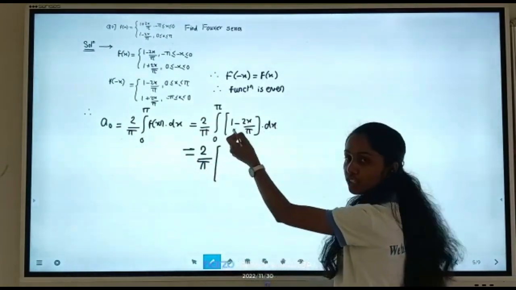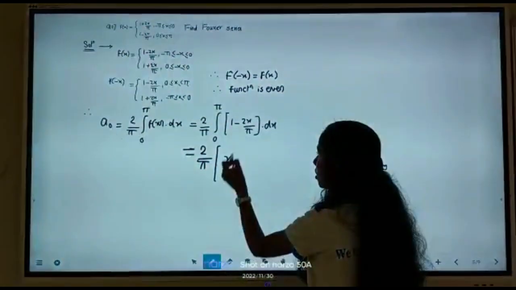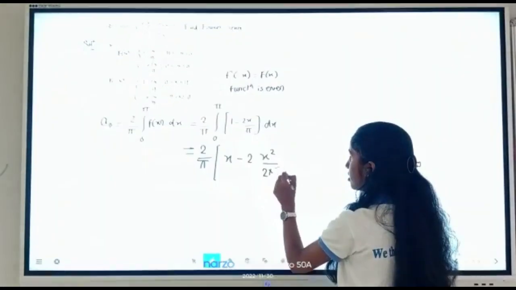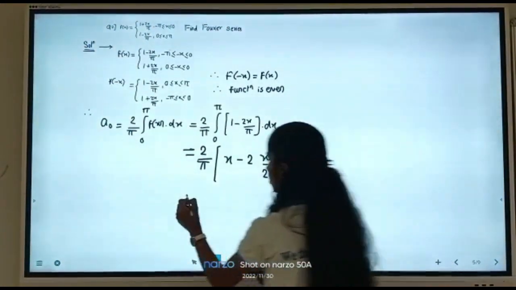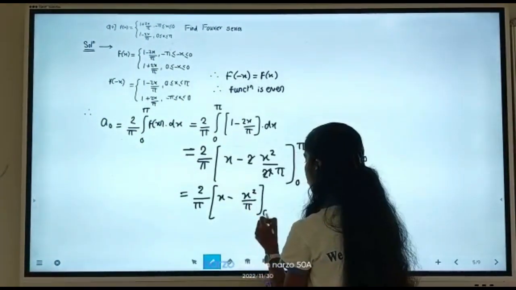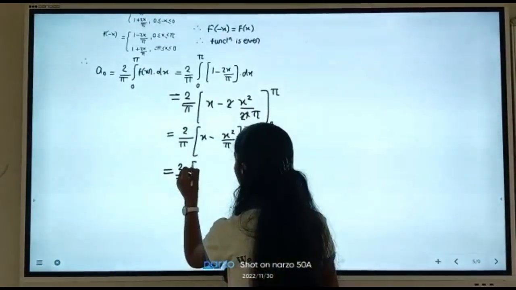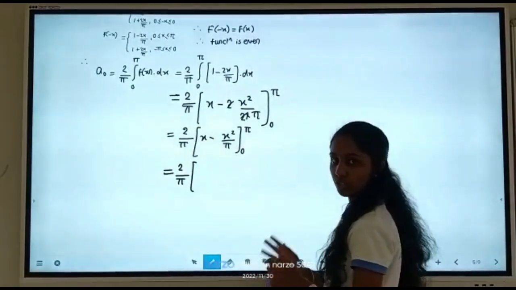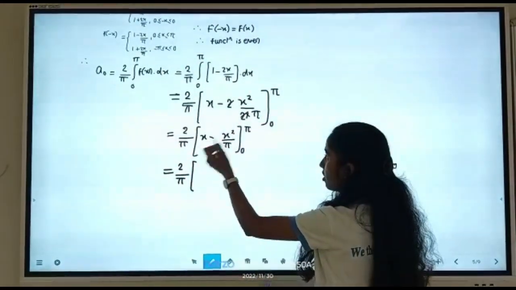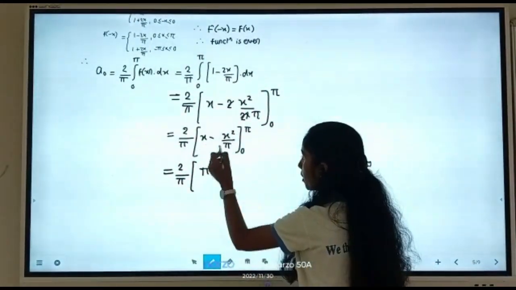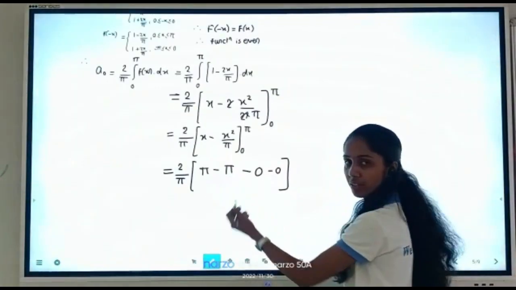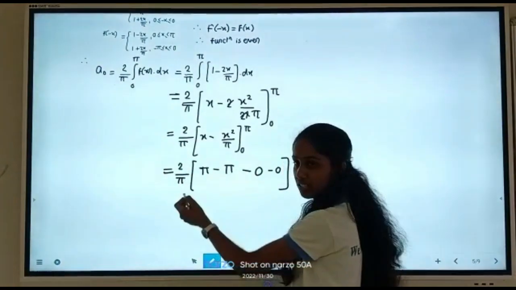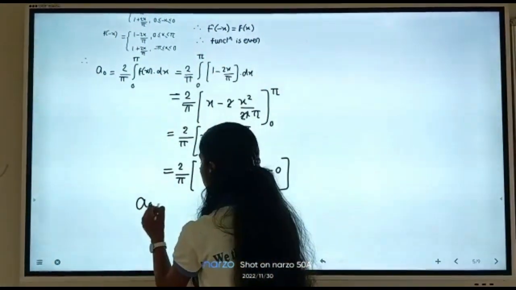The integration of 1 is x, with limits from 0 to pi. Now we put the values of the limits: pi minus pi square upon pi, that is pi. So pi minus pi will be 0, so therefore a0 is 0.